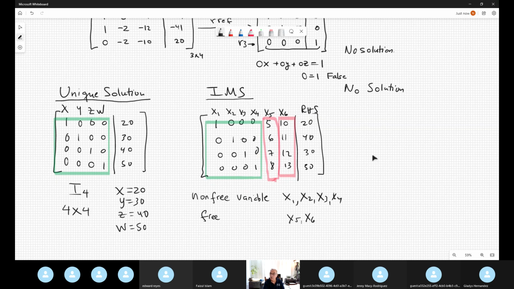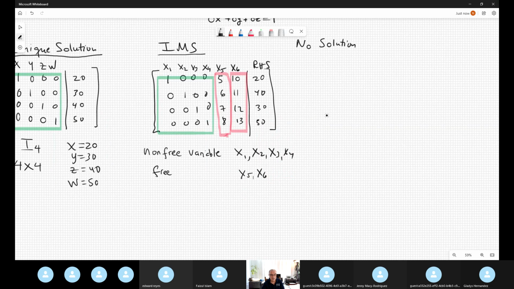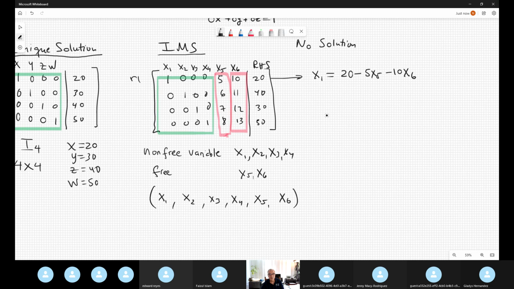Well, but the problem is how you write the final answer. The final answer is, remember, we have x1, x2, x3, x4, x5, x6, separated by commas, no? Components. However, in equation number 1, in row number 1, I see that the relationship is that x1 is equal to 20 minus 5x5 minus 10x6.